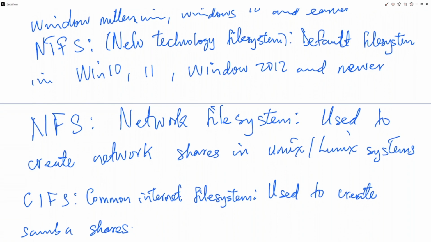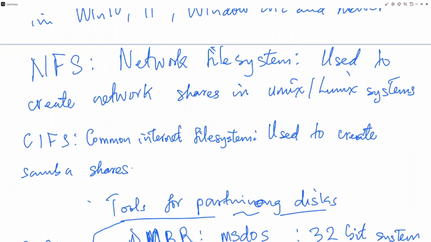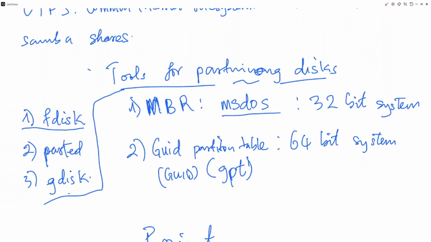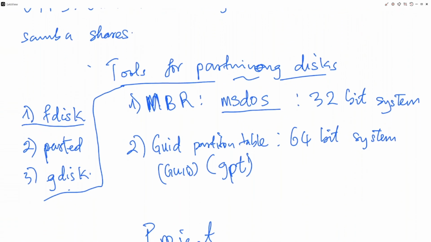There is also CIFS, which is the Windows equivalent of NFS, and it's called Common Internet File System, and it is used to create Samba shares. And we will be looking at what Samba shares are.